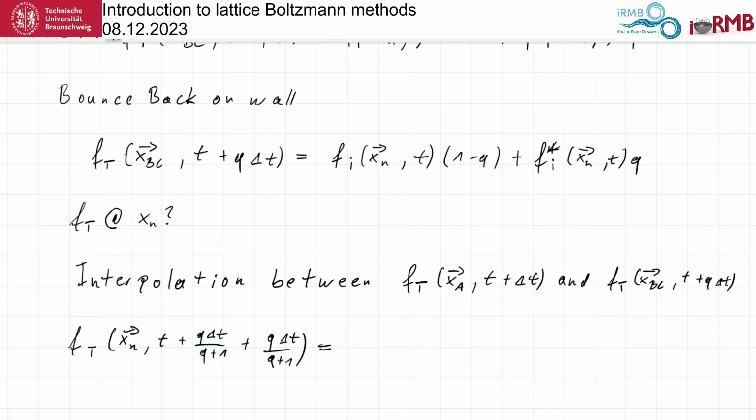So of course it's your homework to check whether it's now correct and what the mistake was last year. I write it without derivations. We just do the interpolation between these two points, and what comes out is q by q plus 1.